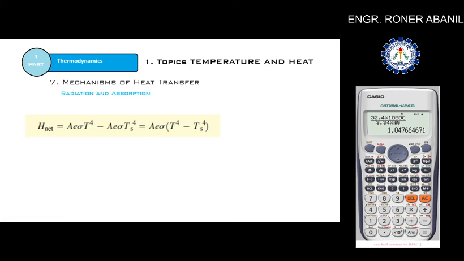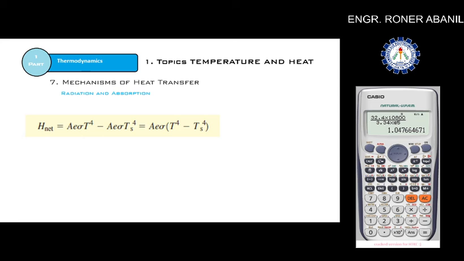So while a body at absolute temperature T is radiating, its surroundings at temperature Ts are also radiating. The body absorbs some of the radiation. If it is in thermal equilibrium with its surroundings, T equals Ts, and the rates of radiation and absorption must be equal.